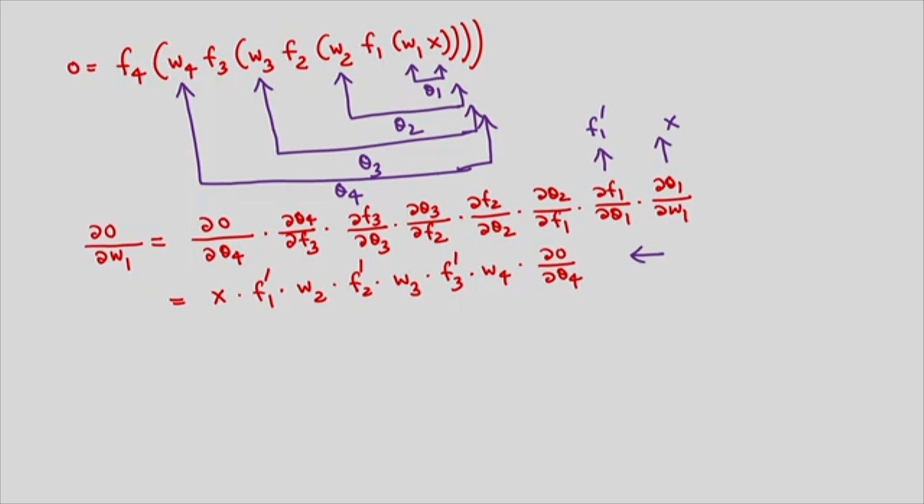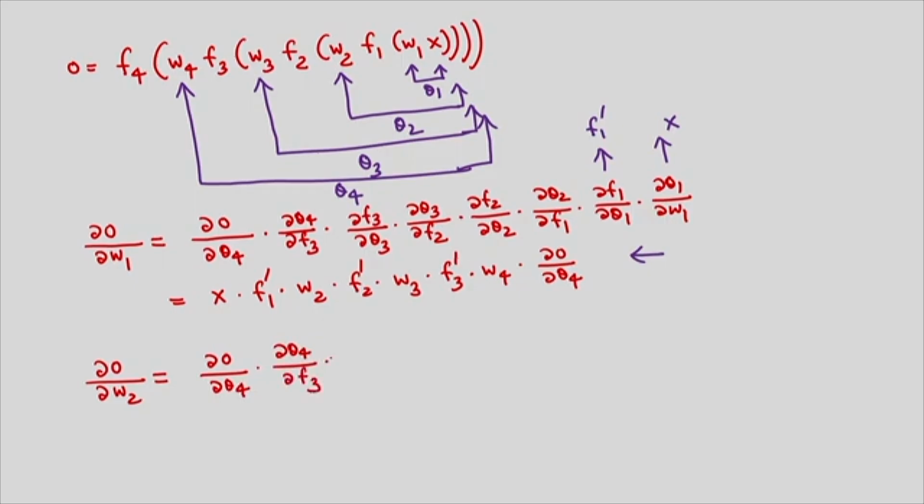Similarly, if I want to adjust the weight W2, I have to estimate the gradient of O with respect to W2. That is nothing but del O divided by del theta 4 into del theta 4 divided by del F3.